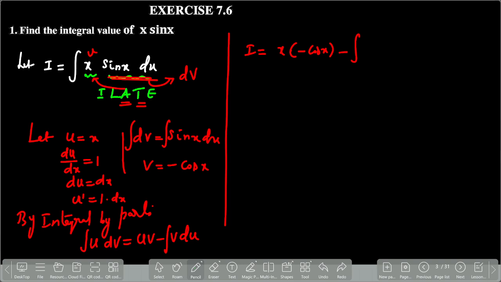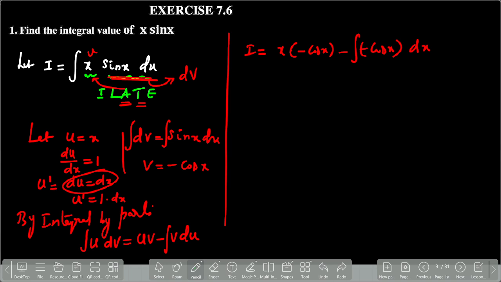What is dx equal to here? That is the derivative: du equal to dx, the derivative of u, called u dash.